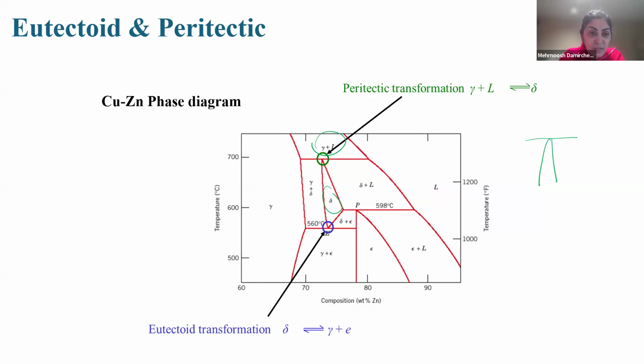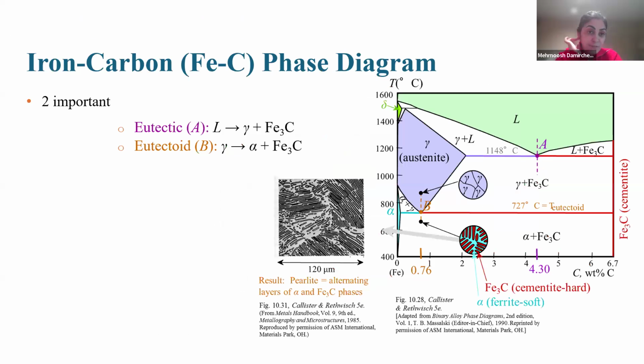The next one, shown here by the black arrow: look here, above that we have delta, and below that we have gamma plus epsilon or E. So delta converts to gamma plus E. So one solid converted to two other solids, that is a eutectoid transformation.